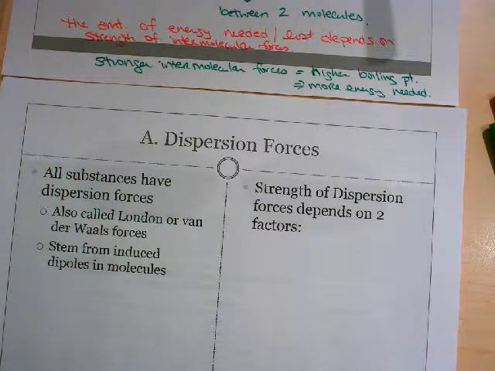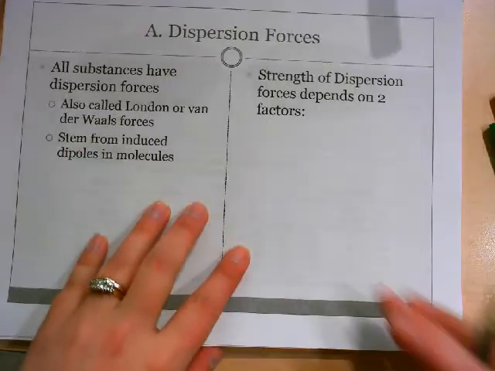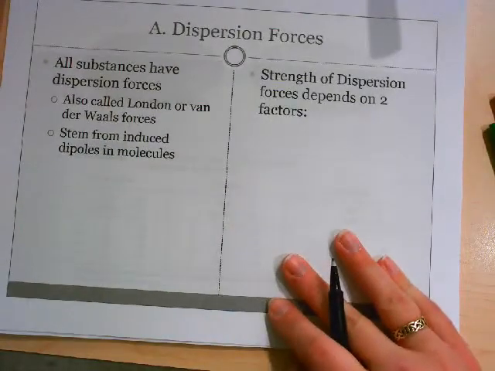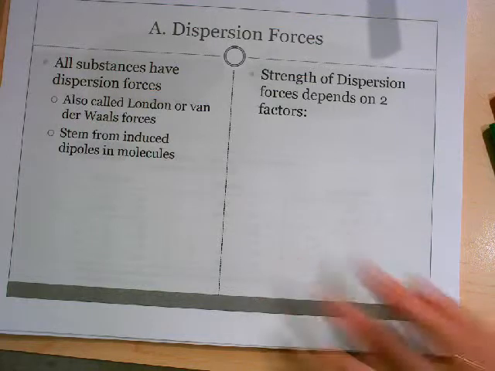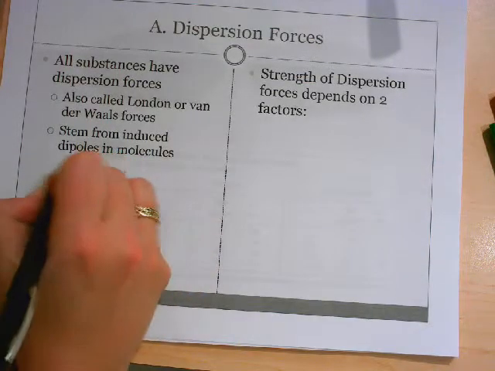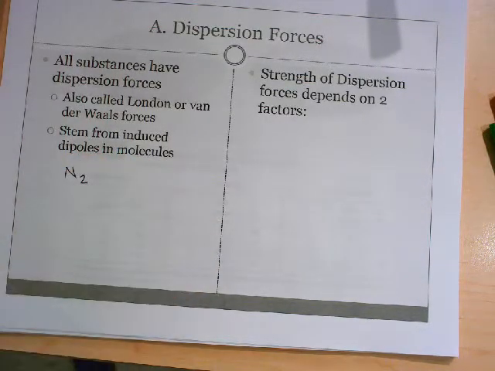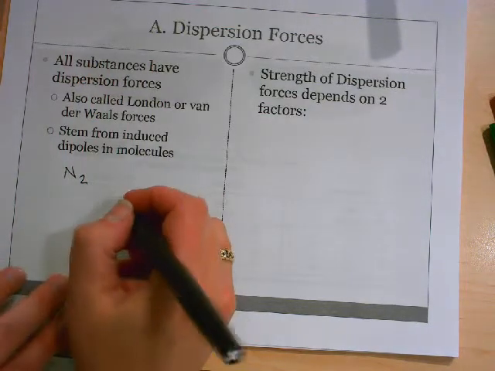It comes from the fact that every molecule has the capability of being polarized. They may not all be polar, but you could force them to be polar for a nanosecond, and then they'll snap back into being nonpolar. So let's say I have nitrogen, a gas.